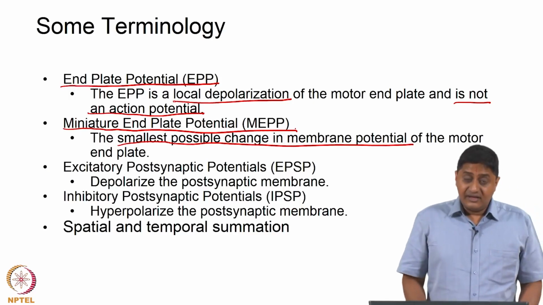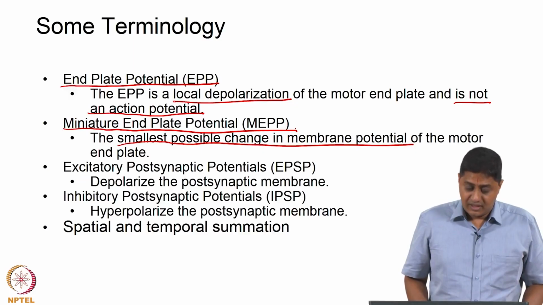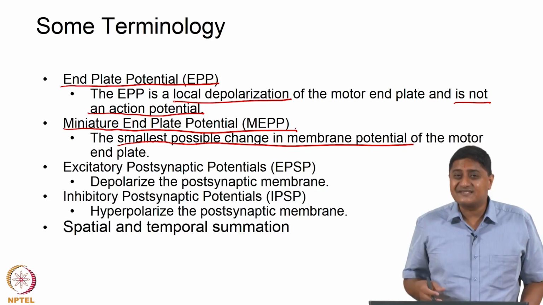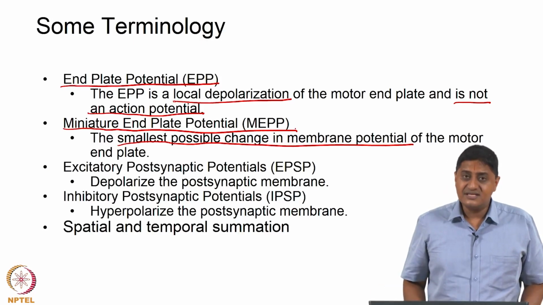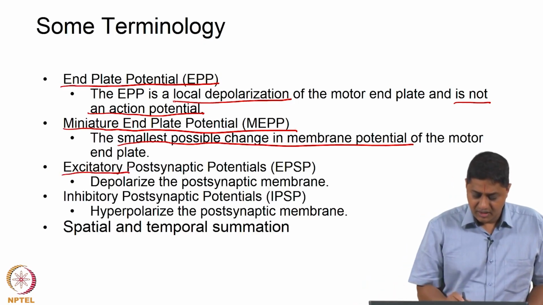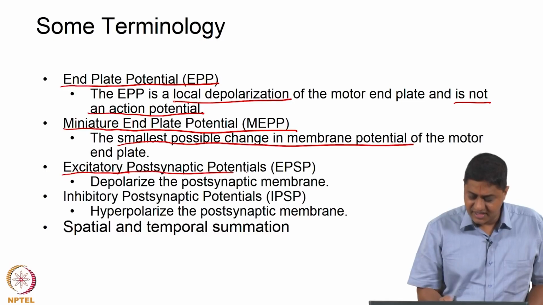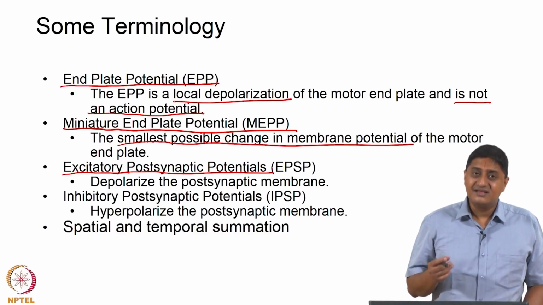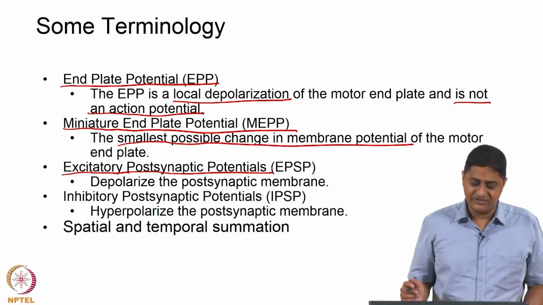Now, entry of acetylcholine and the influx of sodium causes an excitation in the muscle fiber, right. This postsynaptic potential is excitatory, and so it is called the excitatory postsynaptic potential, as we have seen in previous classes. This depolarizes the postsynaptic muscle fiber.